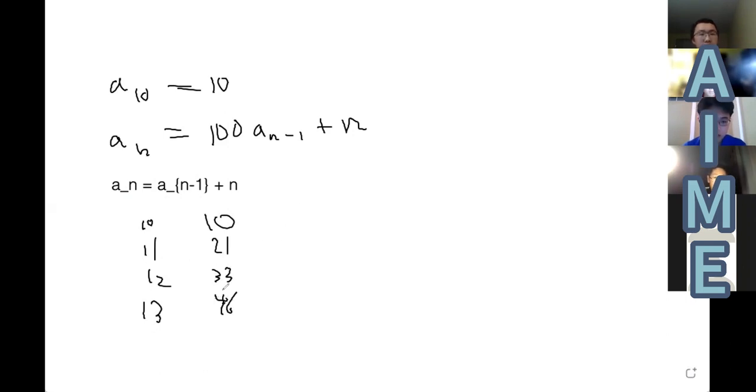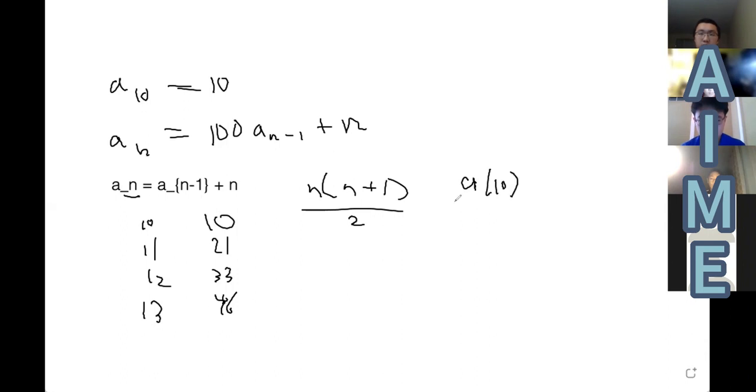Then I noticed that for any term n greater than 10, it could be represented as n times n plus 1 divided by 2 minus the first 9 terms, which was 9 times 10 divided by 2. So subtraction.